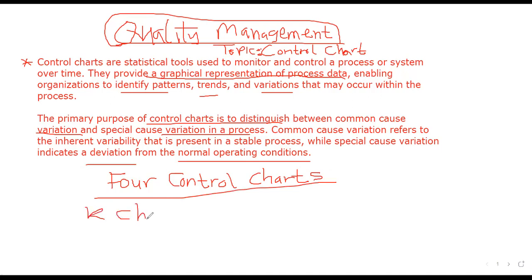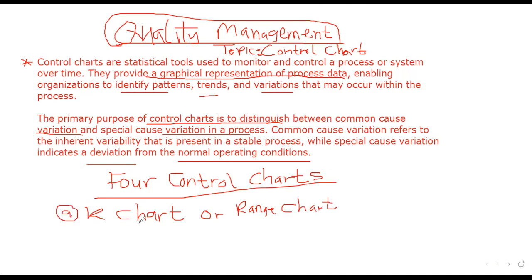The R chart is also called the range chart.